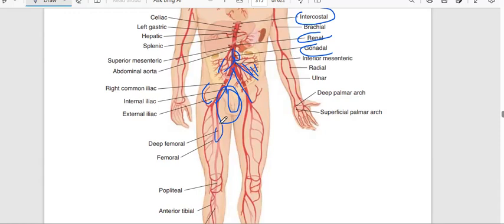The femoral artery, where we check the pulse also. From that region, doctors will take blood if the veins and arteries are not visible in the patient. What will they do? They will take the blood from this region because it is palpable.